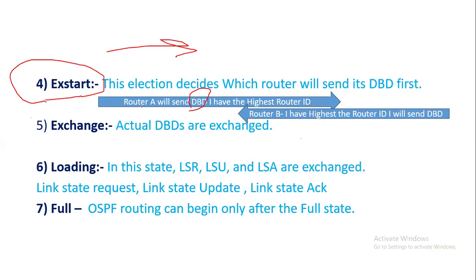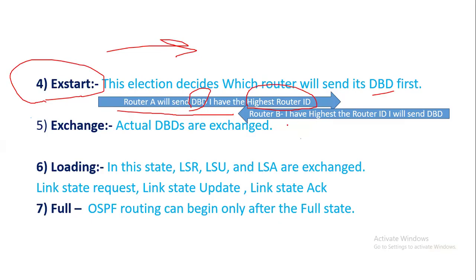After exchanging their DBD, they decide who will send the first DBD, the database. Whoever has the highest router ID or highest interface IP will be decided.